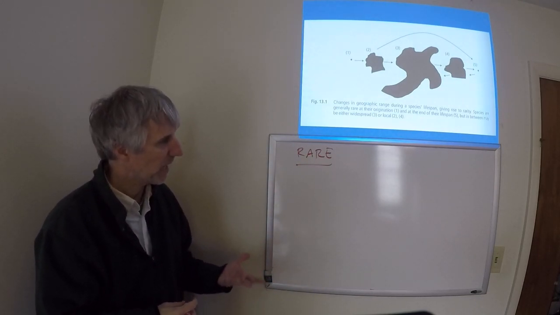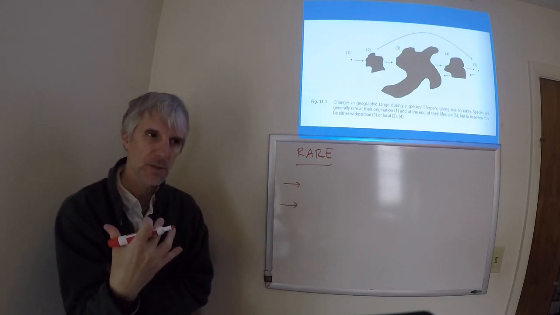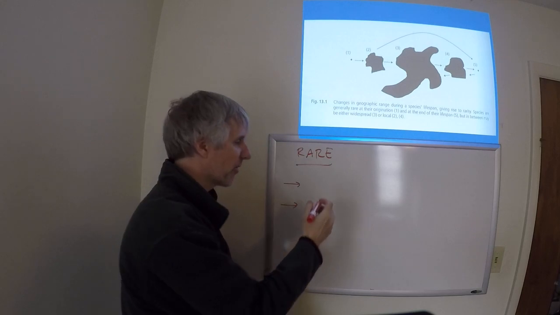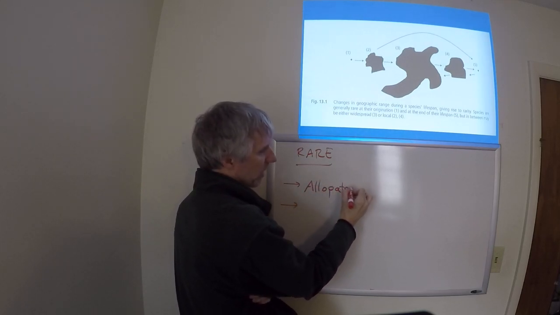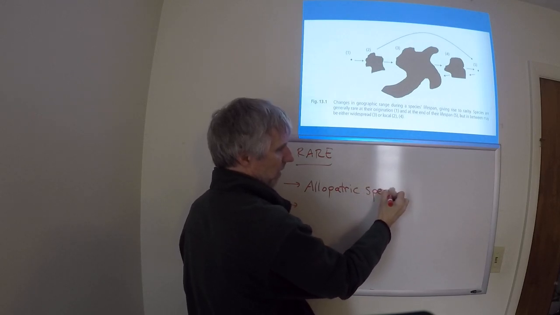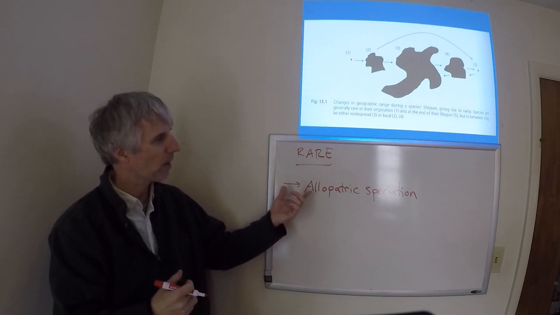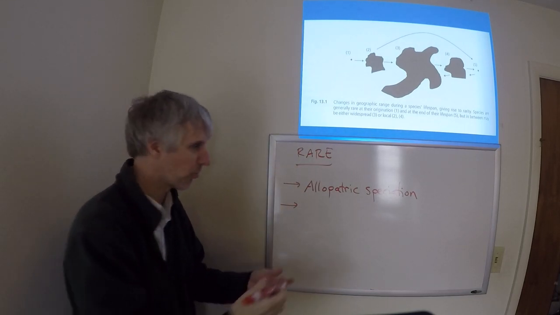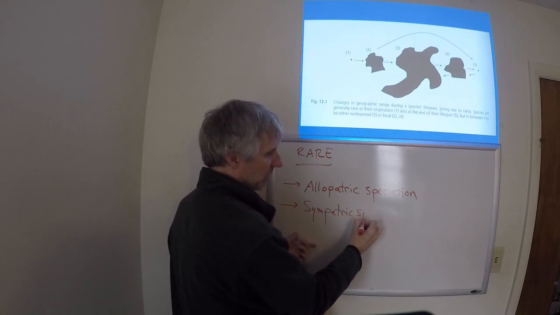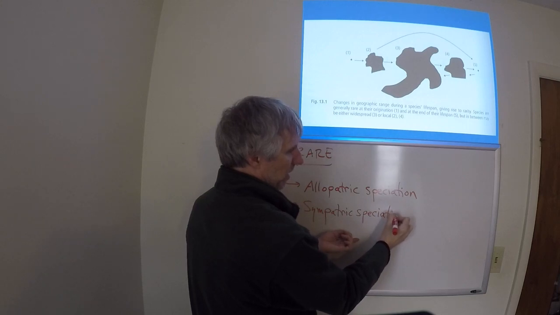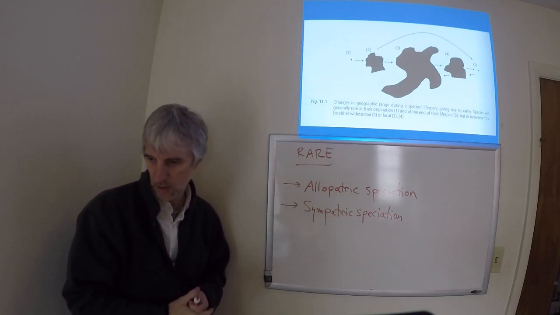The mechanism that produced this new species, we recognize two of these. I'll introduce a third, but from your EBE stuff, either I produce a bunch of individuals through allopatric speciation that are going to be rare, or through sympatric speciation, I produce a number of individuals on the planet, again, very rare.